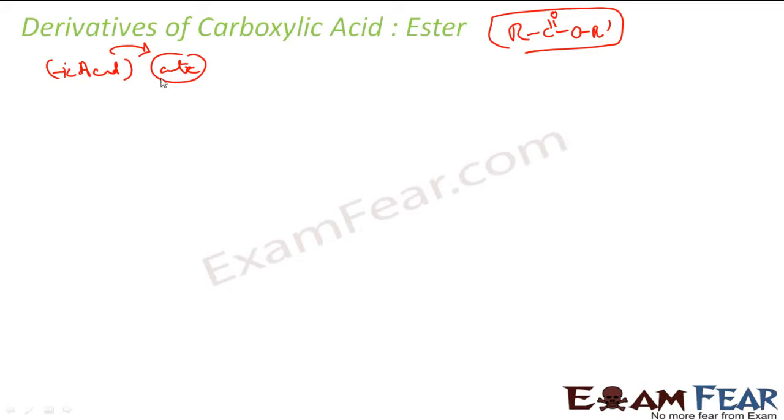And you have to precede this by the name of the alkyl or aryl group that replaces the hydrogen of the acid. For example, I have this. This is the one which is replacing. So I first write ethyl, and this is ethanoic acid, so instead of ethanoic acid, I write ethanoate.